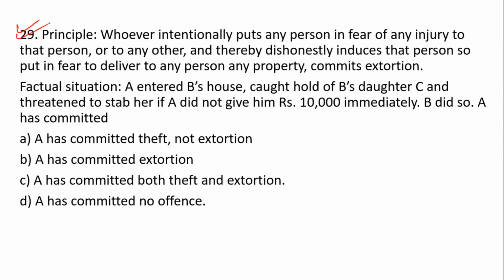Question number 29. Whoever intentionally puts any person in fear of any injury to that person or to any other, and thereby dishonestly induces that person so put in fear to deliver to any person any property, commits extortion.